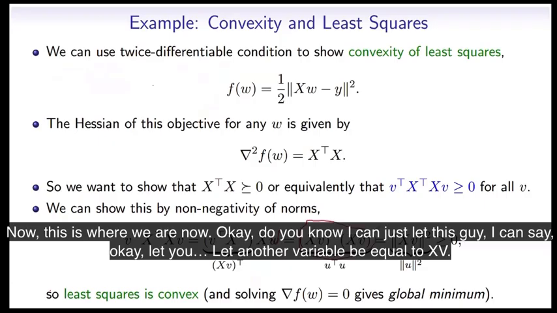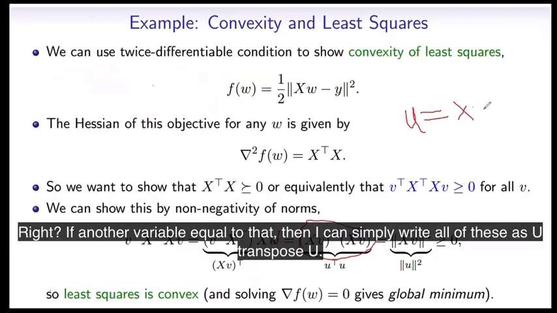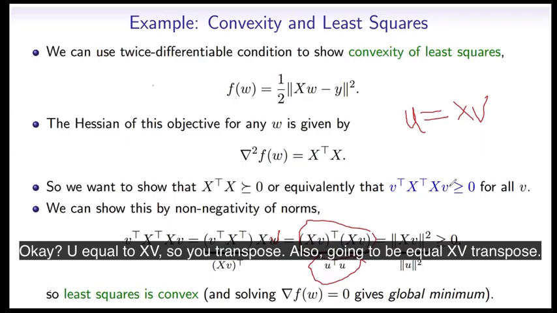Do you know I can just let another variable be equal to XV, right? If another variable is equal to that, then I can simply write all of these as U transpose U. And if U equals XV, then U transpose is also going to be equal to XV transpose.